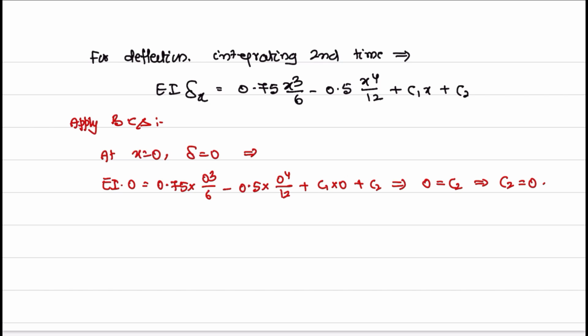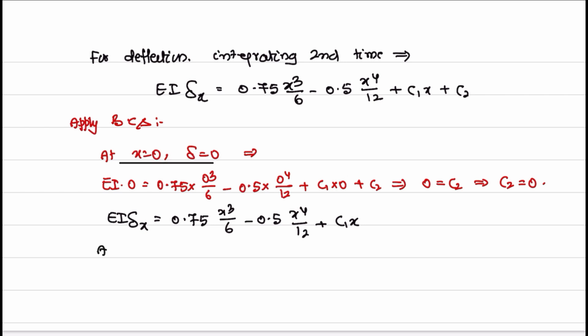Now, the new equation will become EI delta x is equal to 0.75 x cube by 6 minus 0.5 x to the power of 4 by 12 plus C1x plus 0. C2 is 0, that we need not write. Now, another boundary condition is at x is equal to 2, delta is equal to 0.